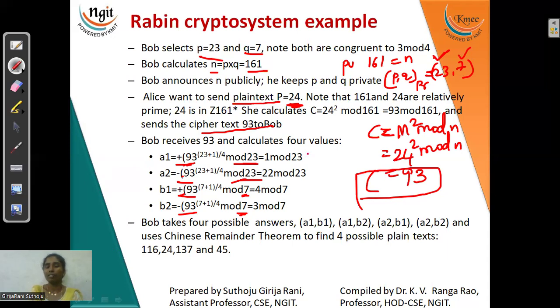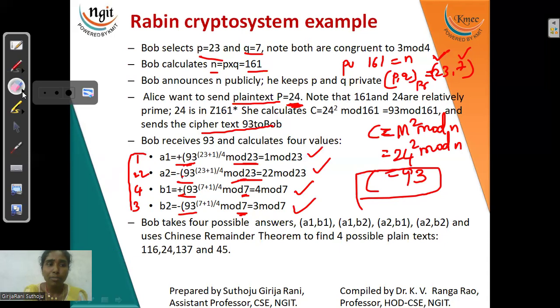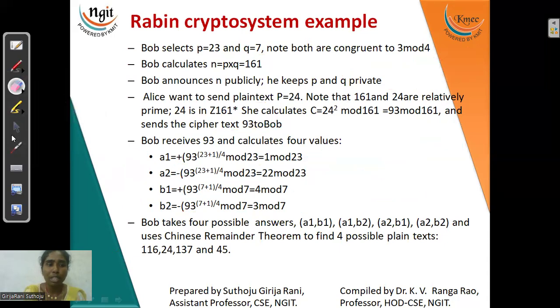So like this, we will generate A1, A2, B1, B2, right? A1 value is 1, A2 is 22, B1 is 4, B2 is 3. After having these values, the Chinese remainder theorem is given with one formula directly.